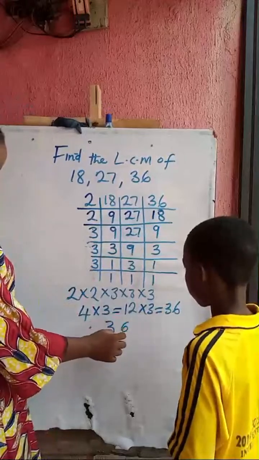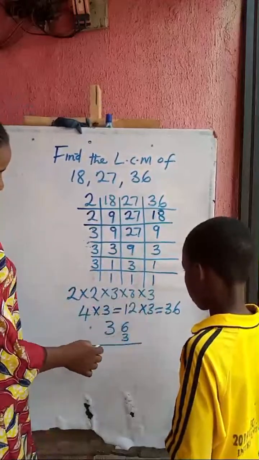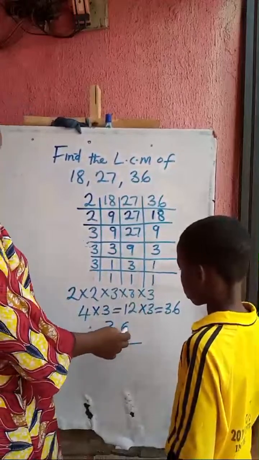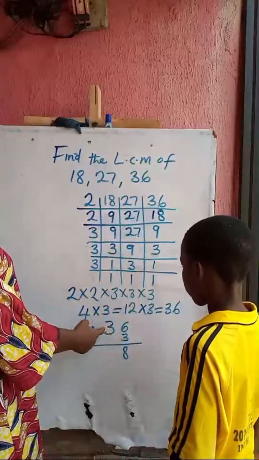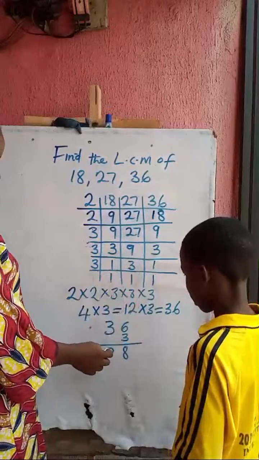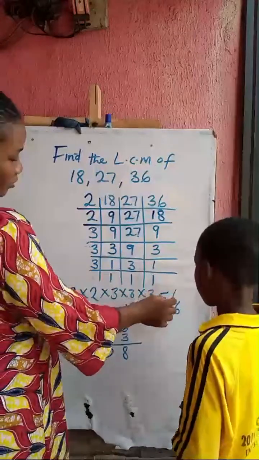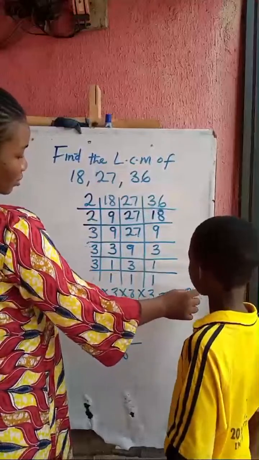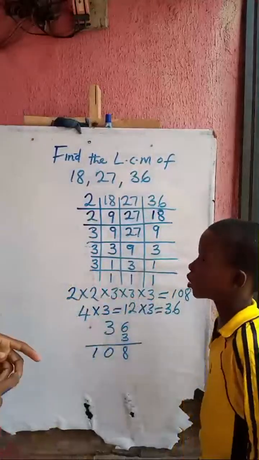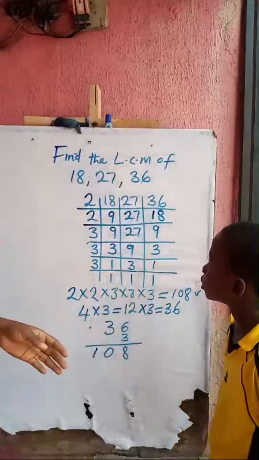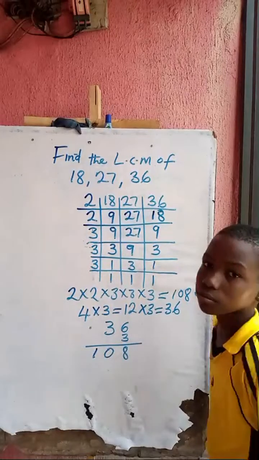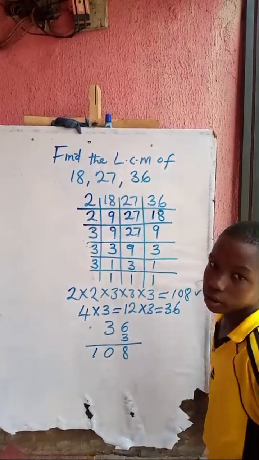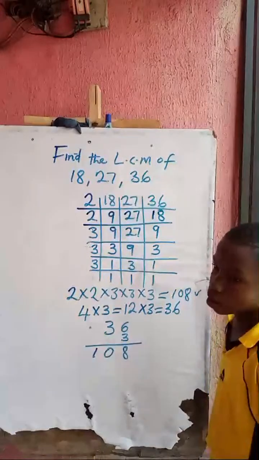So 36 times 3: 3 times 6 is 18, write 8, carry 1. 3 times 3 is 9, plus the 1 is 10. So we have 108. So the LCM of 18, 27, and 36 is 108. That's the LCM. All right, let's go to the next question.